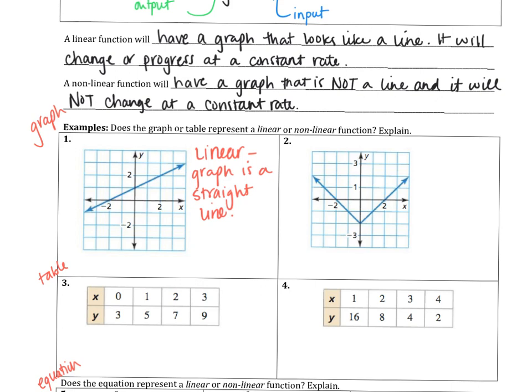All right, so over here, when I look at question number 2, I already know it's a function because it was stated, but just to verify, it does pass the vertical line test. There's only one y value for every x value. But if you notice, we have this little turning point right here. That makes it not a straight line. This turning or pivot point, this is not a straight line. So this would be non-linear.